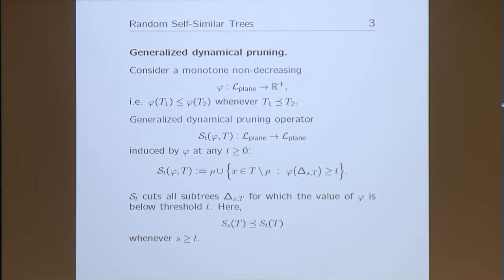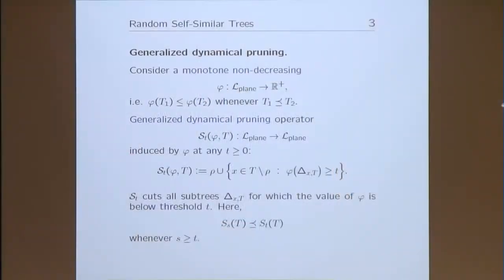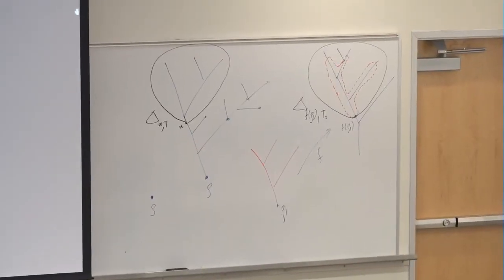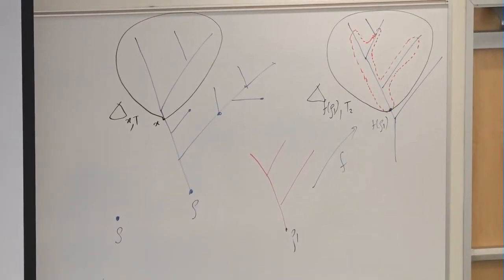It looks at delta x T, the tree above x, and if that monotone non-decreasing function phi that we've selected, of delta x T, is bigger than or equal to t, then this point stays. But if it's smaller, then this whole subtree is erased, including that point x. The monotonicity guarantees that S sub t is itself a tree. Essentially we erase parts of the tree from top to down according to that function phi.